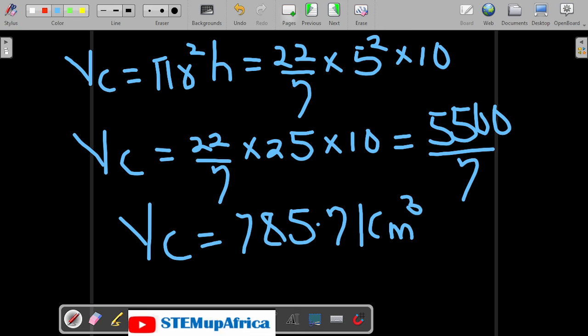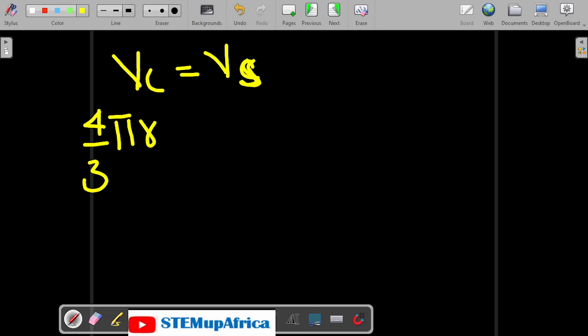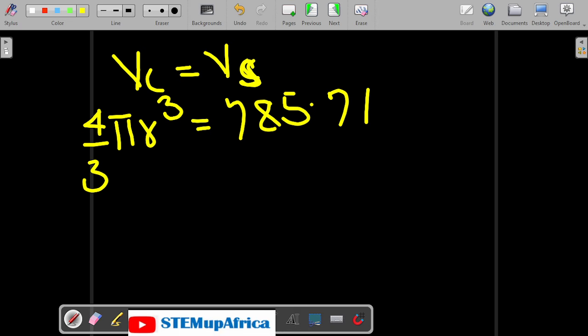Remember, we are told that the volume of the cylinder is the same as the volume of the sphere. So the volume of the sphere, 4/3 pi r cubed, is equal to the volume of the cylinder we calculated, 785.71. So from here now, I can determine the radius of the sphere.